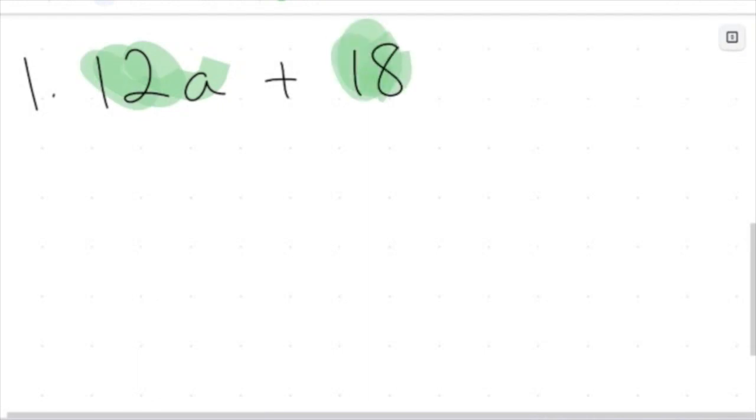I'm going to try to get you to think about how you would factorize 12a plus 18. To factorize is to find a common factor in both of these things. We are going in reverse.